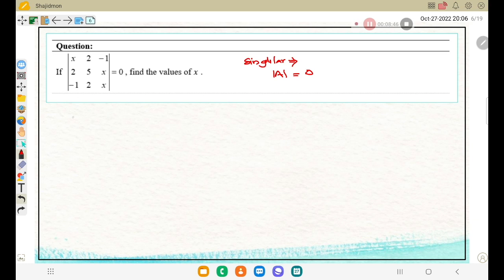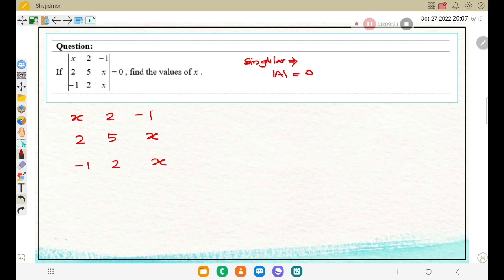Okay, so we will go to calculate this determinant. Here I am using the Sarrus method or cross multiply rule for finding the determinant. We can use the expansion by minors also, because a 3 by 3 matrix determinant we can calculate in two ways. One is the Sarrus rule, cross multiply like that, and the second one is expansion by minors. Okay, so I am using the Sarrus rule. So x, 2, minus 1, 2, 5, x, minus 1, 2 and x.